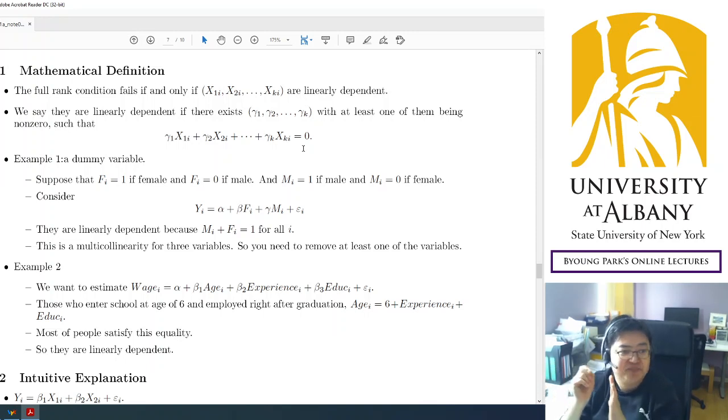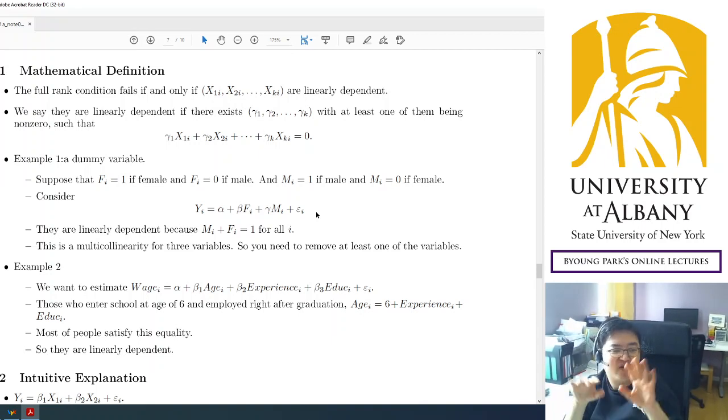Do you understand? So in this case, it is a multicollinearity for 3 variables: intercept, female, and male. So you cannot estimate that. It is not a matter of how many samples you have. Even if you have an unlimited number of observations, you cannot estimate that equation.